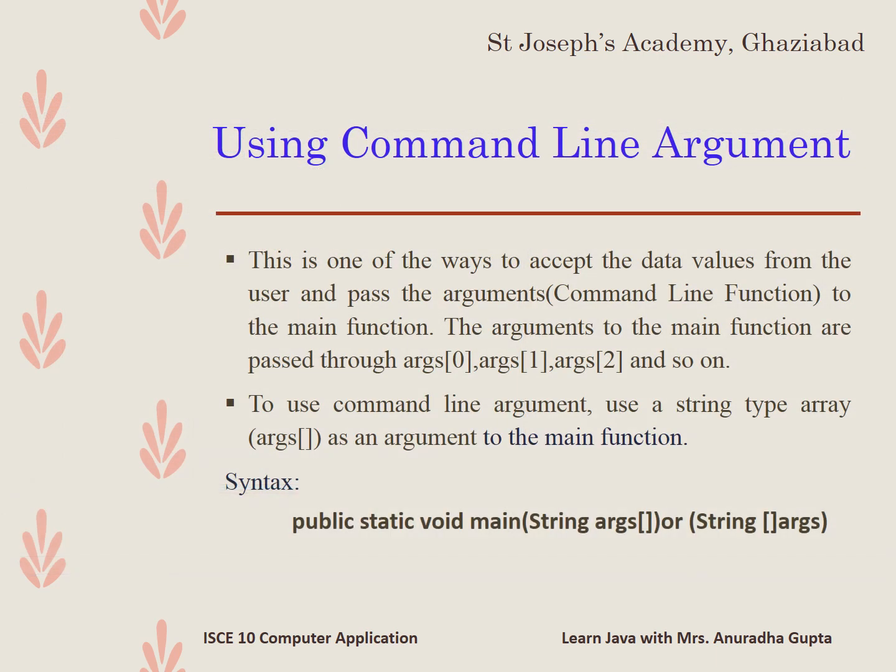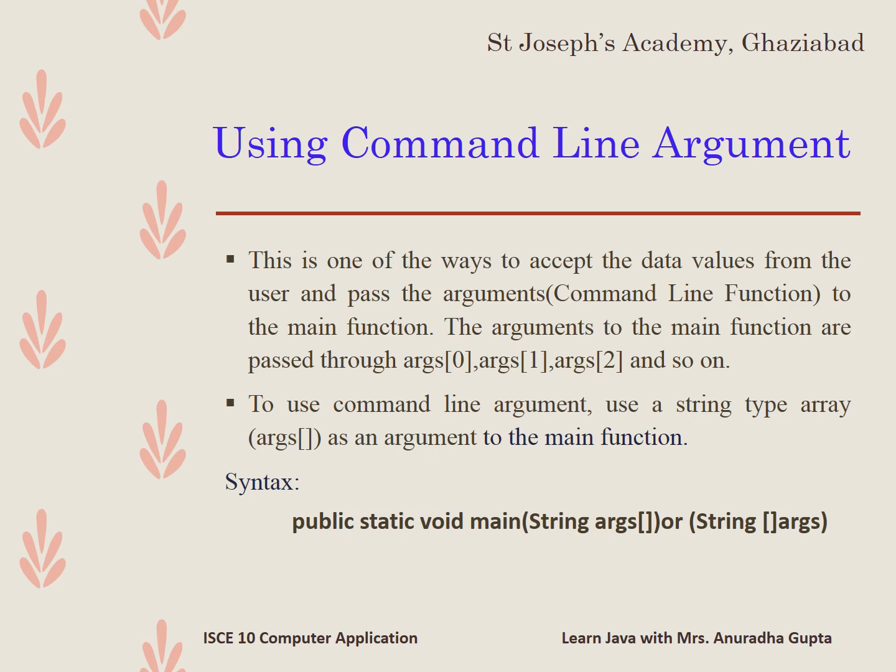This is the fourth way of taking values in a Java program, using command line arguments. In this way, we accept values from the user and pass the arguments as command line arguments to the main function. It is quite similar to function arguments.